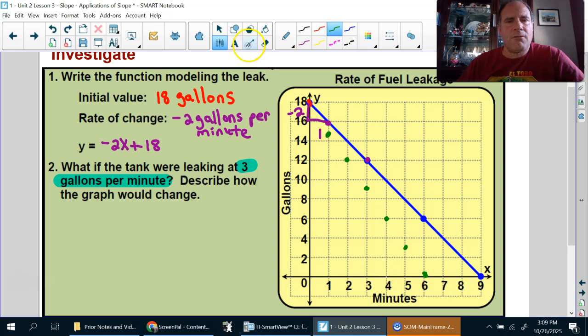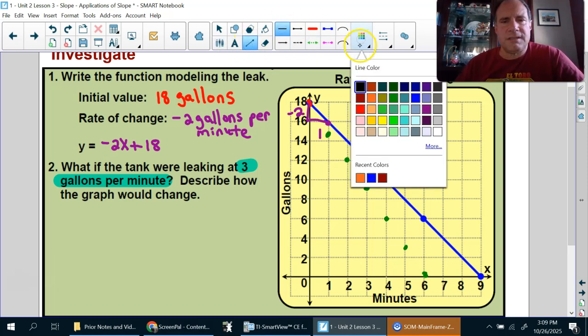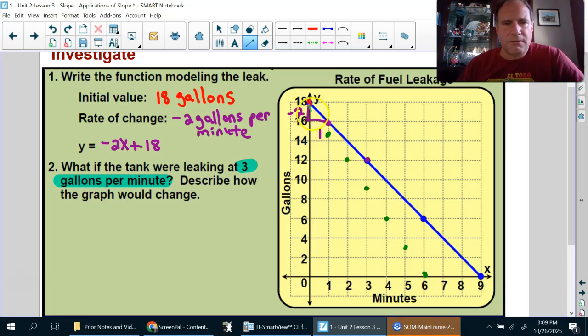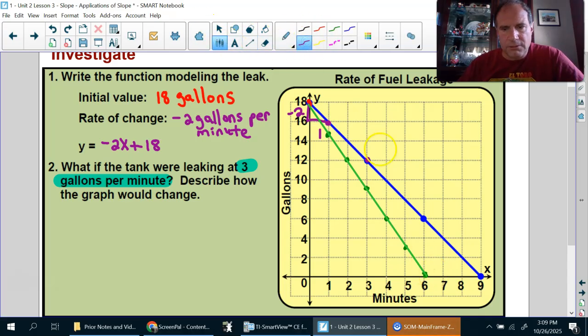So this is how it would change. This is the exact way that the graph would actually look. Let me put this in a different color. Just like that. No arrows needed, by the way, because you're out of fuel right here. There's no more. The tank is empty at 6 minutes.